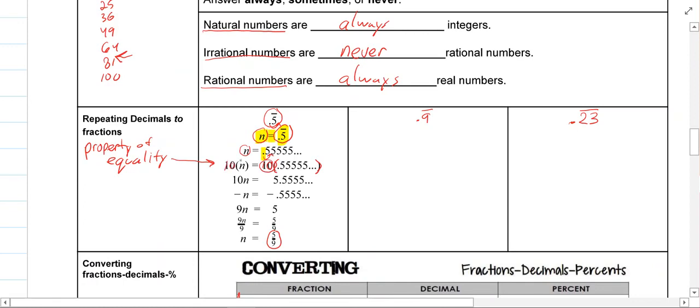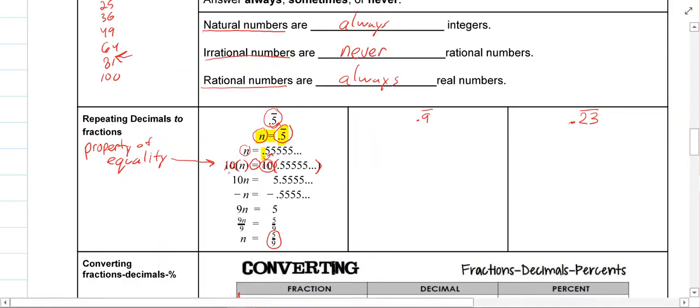Here's 10. I put parentheses around the n to signify multiplication. Now, that's pretty equal, isn't it? Why am I keeping it equal? Why am I using the property of equality? Because it's telling me to. It's telling me, hey, these pieces are equal. So if you do 10 to one side, you better do 10 to the other to keep it equal.